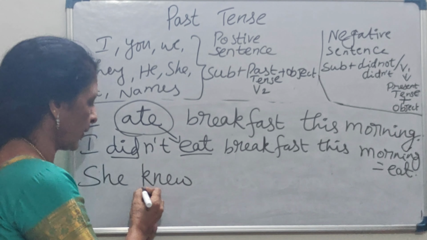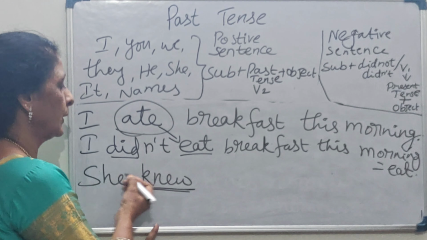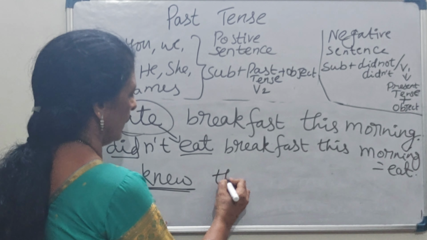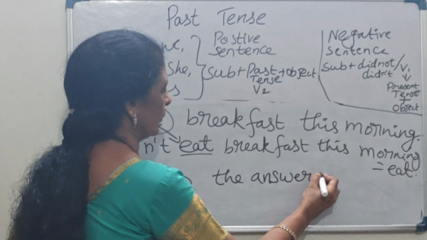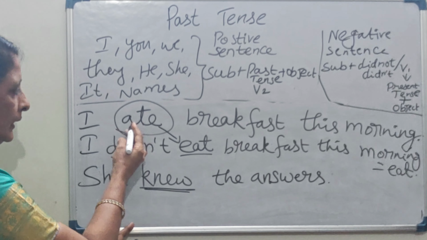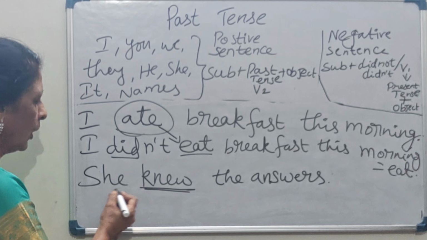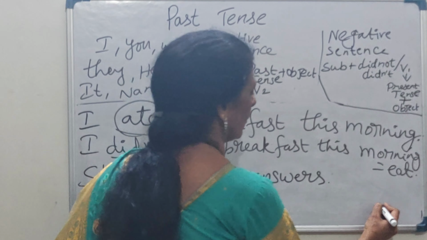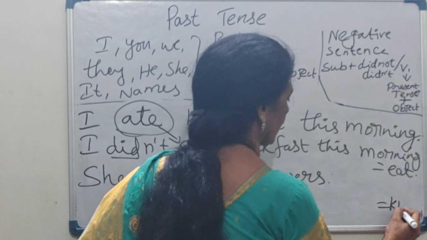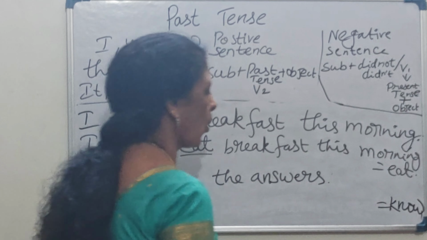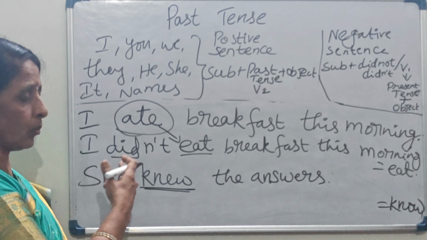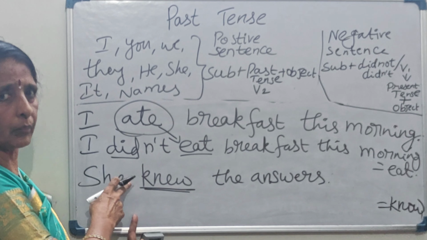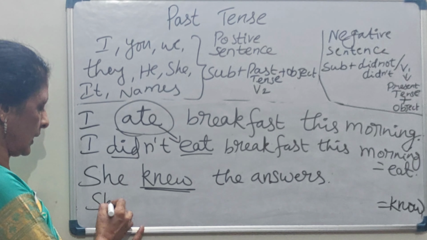She knew the answers. See, I told you ate. Now knew. What is the present tense? If she doesn't know the answer, how do you convey this in a negative sentence?